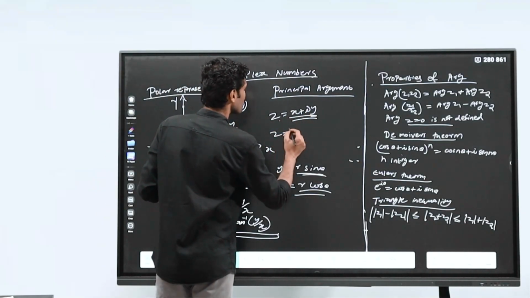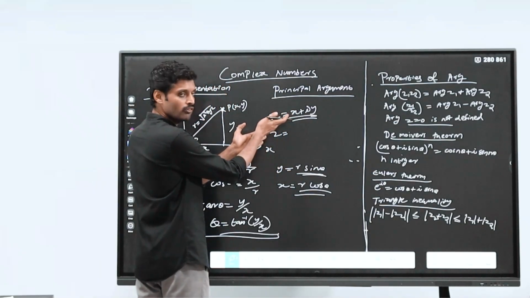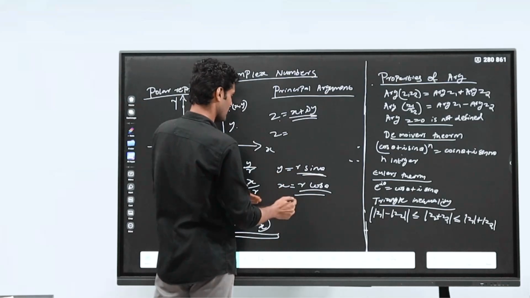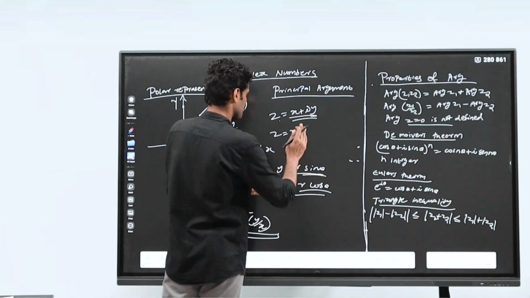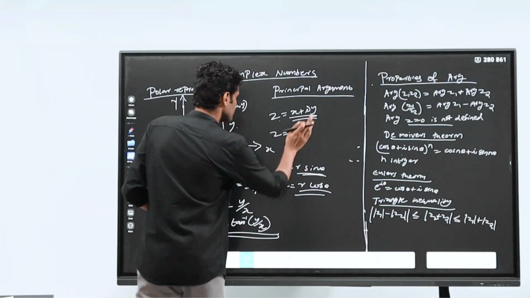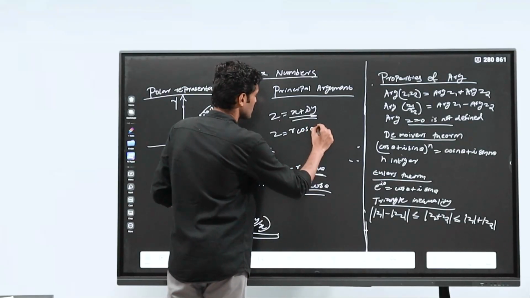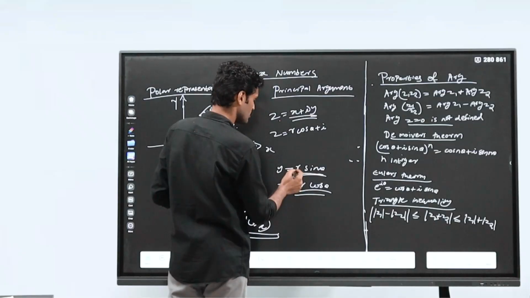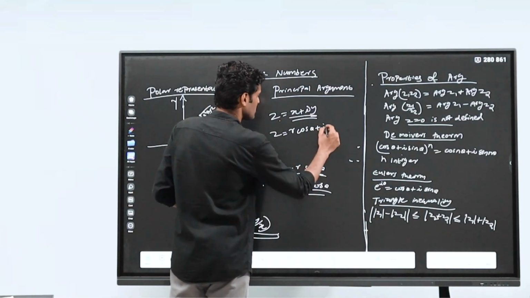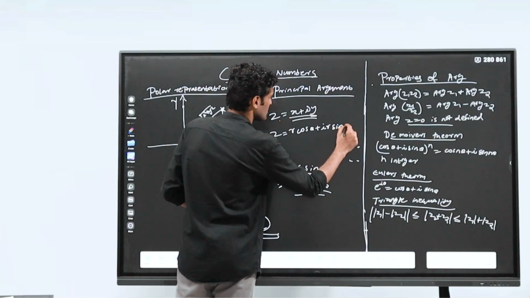Okay, so for a complex number z equal to x plus iy, the polar representation will be z equal to, we can substitute the value of x and y over this complex number, then z equal to r cos theta plus i into, for y we can substitute r sine theta, i r sine theta.